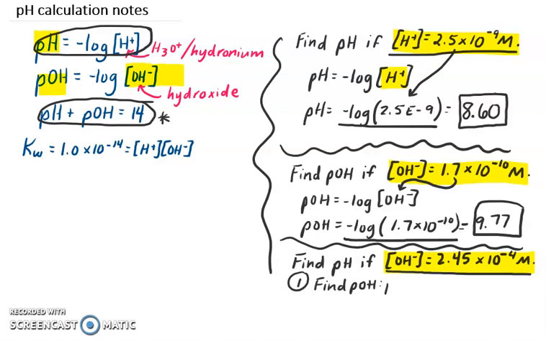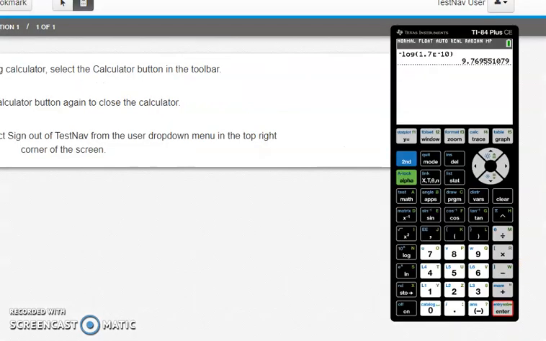And I can use the pOH equation since I'm given OH. So watch what I do. pOH equals the negative log of concentration of OH, and then I substitute in that value, the negative log of 2.45 e to the negative 4th. So let's go ahead and type that into that calculator. So again, negative log of 2.45 e to the negative 4th.